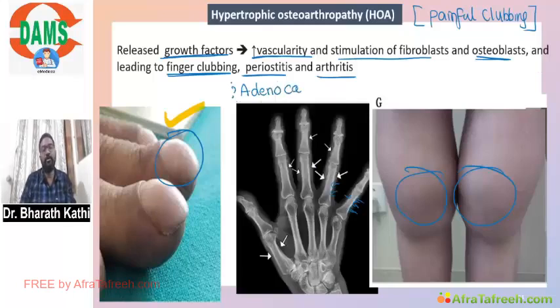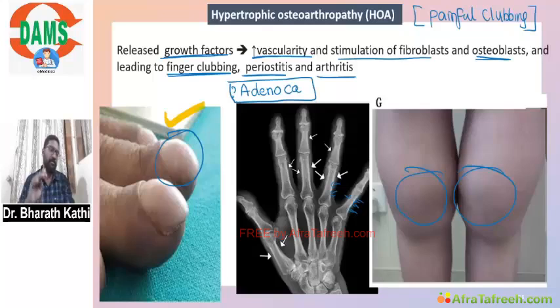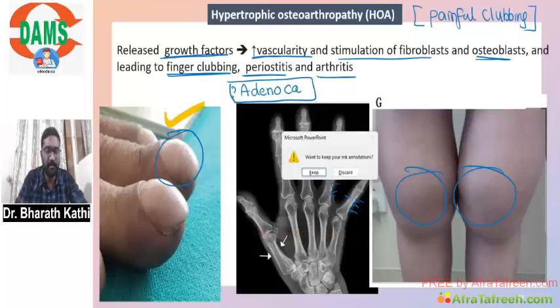Adenocarcinoma is a common cause of hypertrophic osteoarthropathy. So what are the features of hypertrophic osteoarthropathy? Finger clubbing, periosteitis, and arthritis.